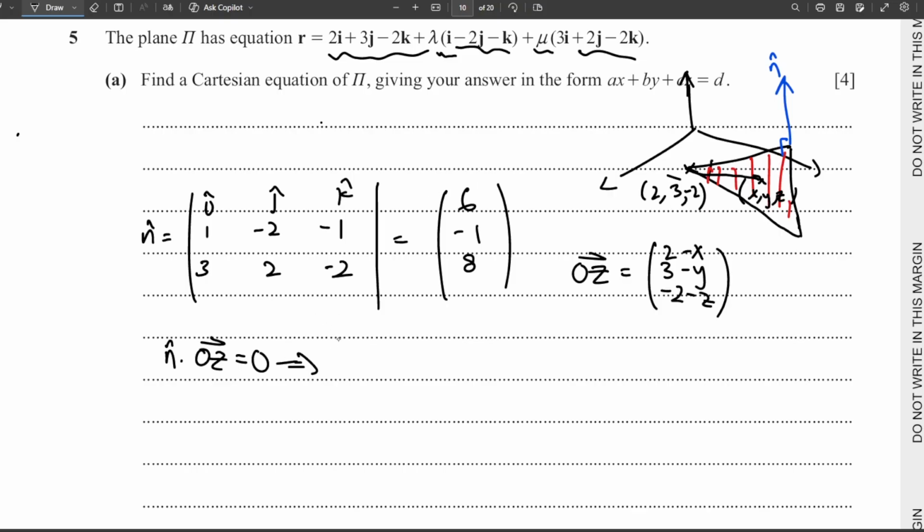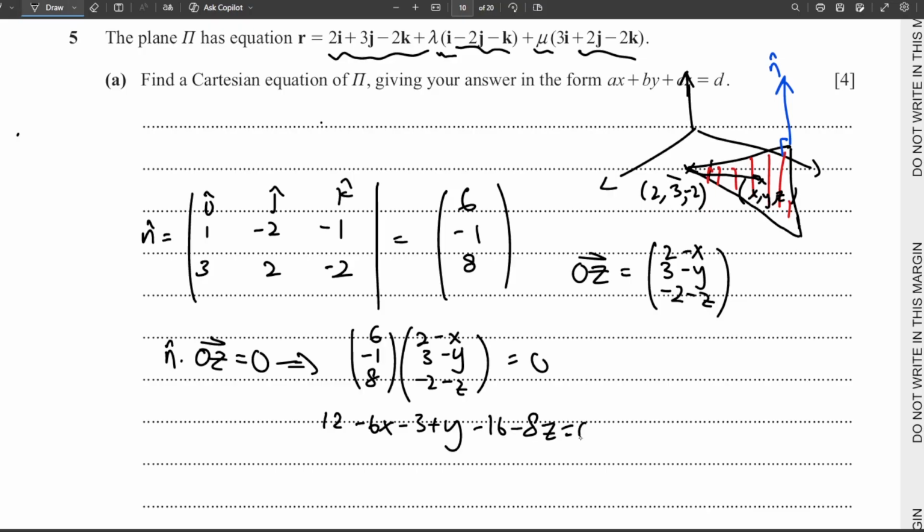So this is how we finally find the Cartesian equation. n, which we found, is 6, -1, 8, multiplied by this arbitrary vector. For a column vector dot product, you just multiply them. So 6 multiplied by 2 minus x gives 12 minus 6x. -3 plus y, and -16 minus 8z.